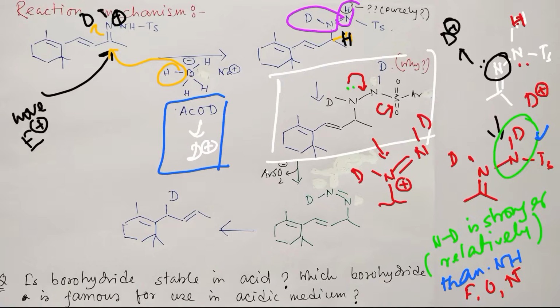So what are we actually getting? Nitrogen having a positive charge and attached to a deuterium, so it can leave as D plus. So what will be the final product?